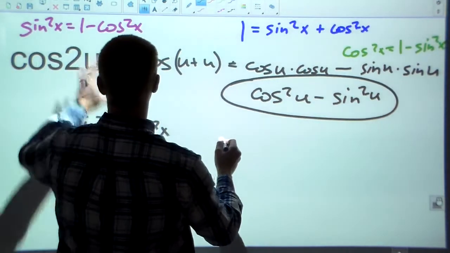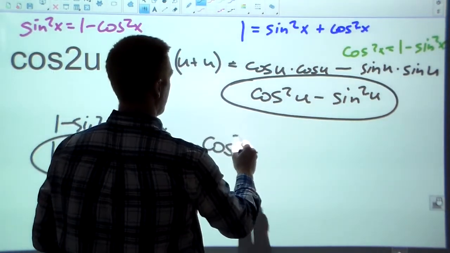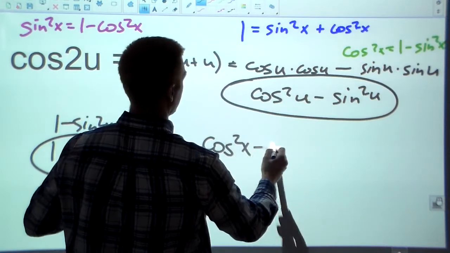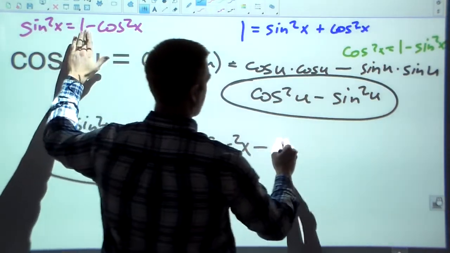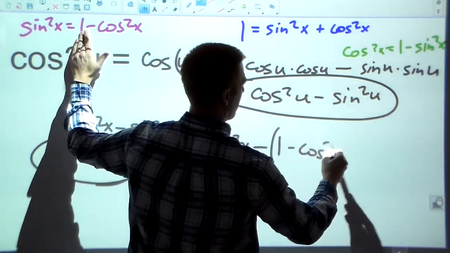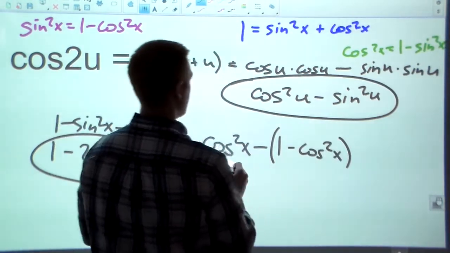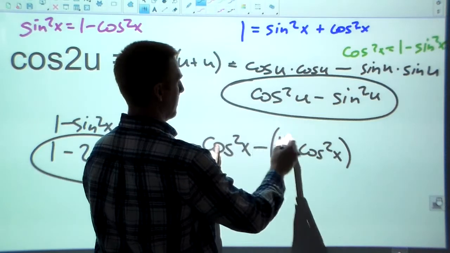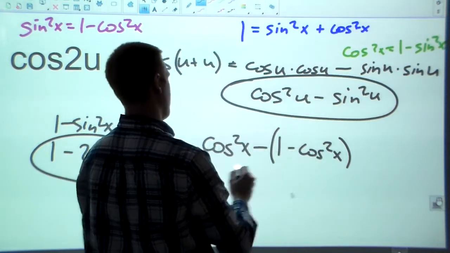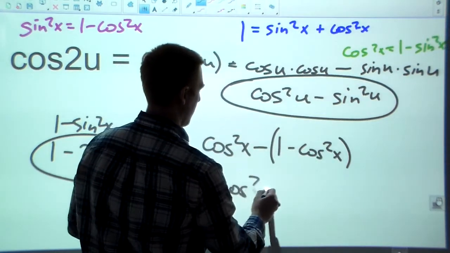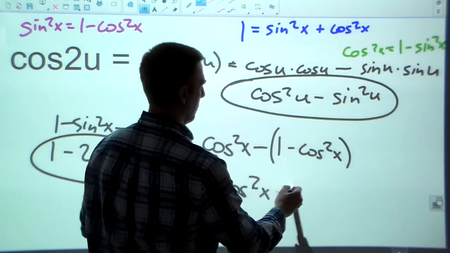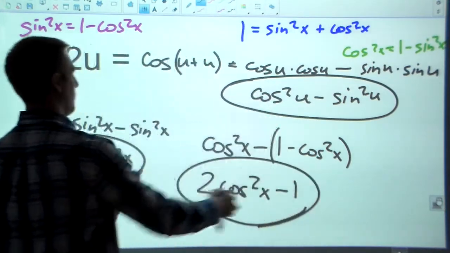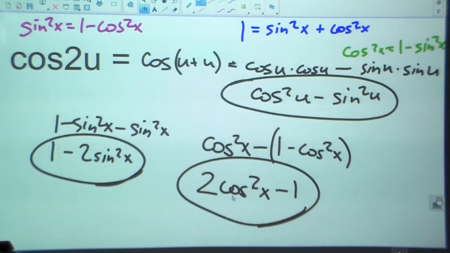And if I go the route where I take cosine squared x and substitute 1 minus cosine squared x in place of sine squared x, now I'm going to distribute the negatives, so that's cosine minus another negative, so really plus another cosine. 2 cosine squared x, and then minus 1. So there are the three ways you can do that identity.